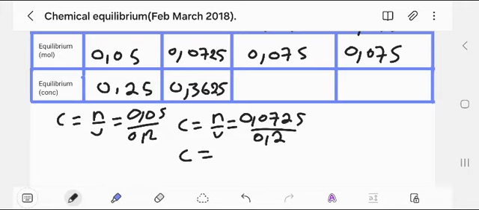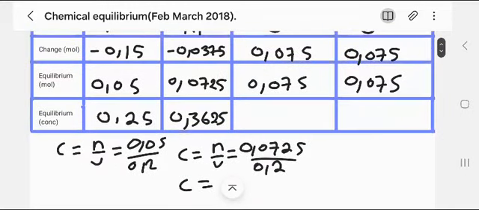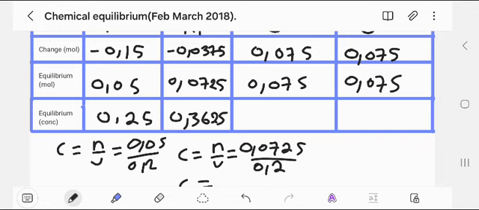This is what we'll have there. So you can do the same for the products: C will be 0.075 divided by 0.2.